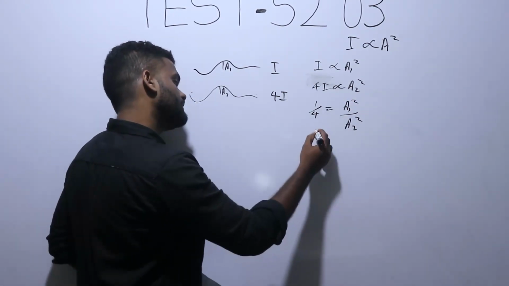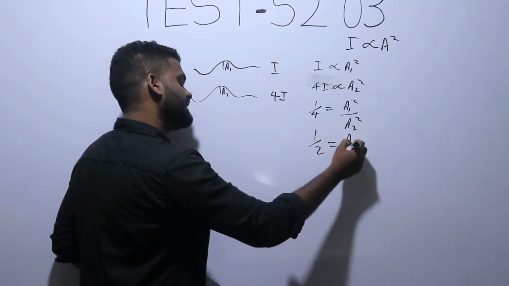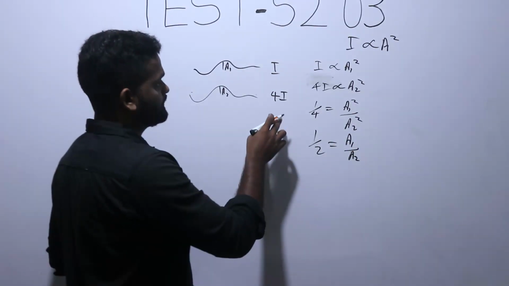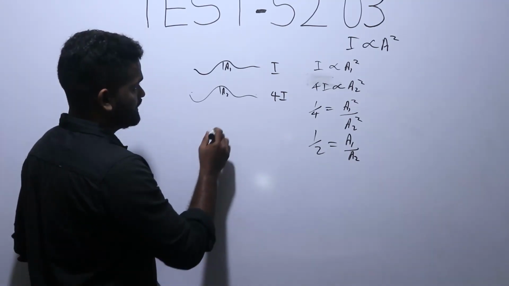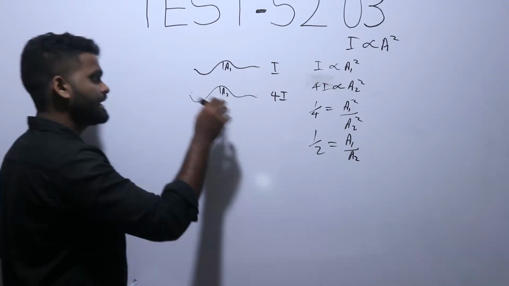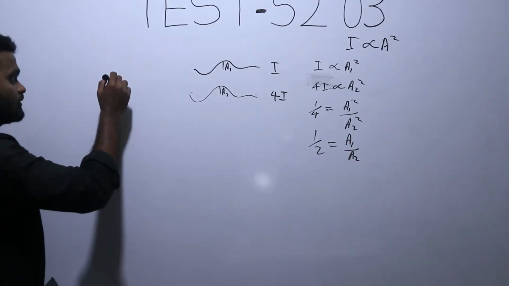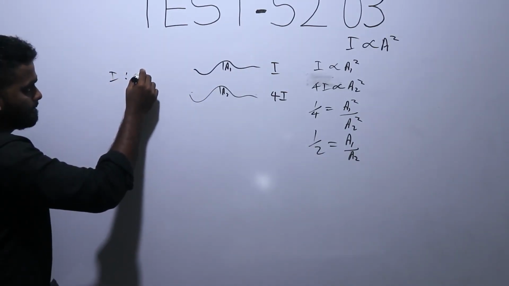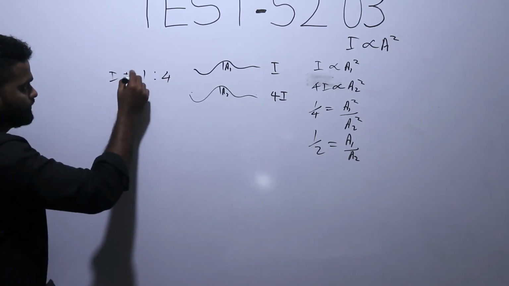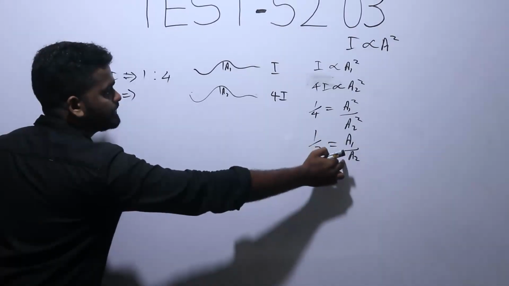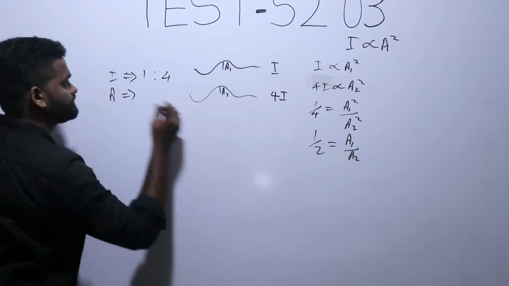Take the root of both sides: 1 over 2 equals A1 over A2. Okay, so for the two waves, the intensity ratio is 1:4. Amplitude ratio is what? Amplitude ratio is 1:2.